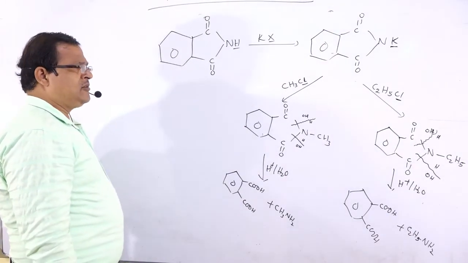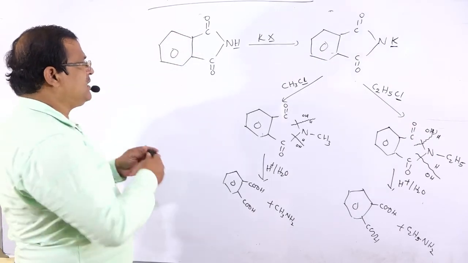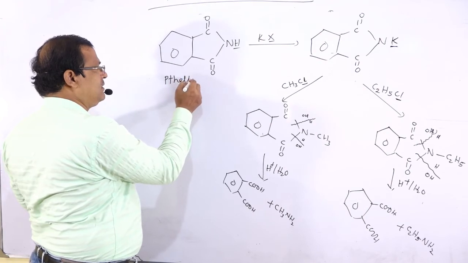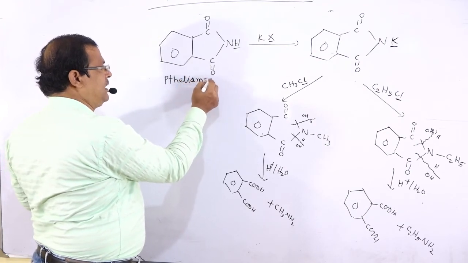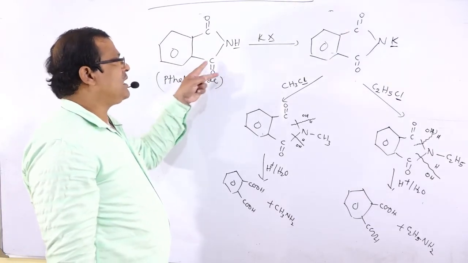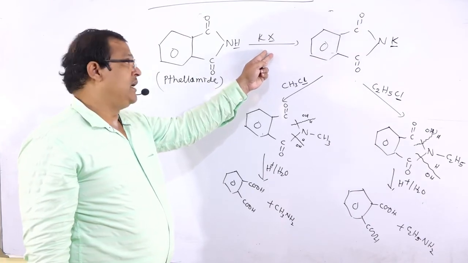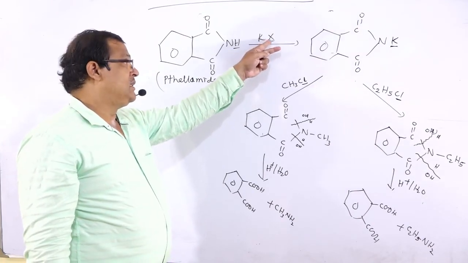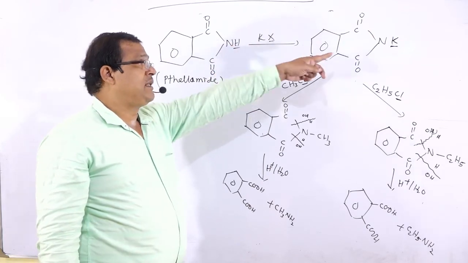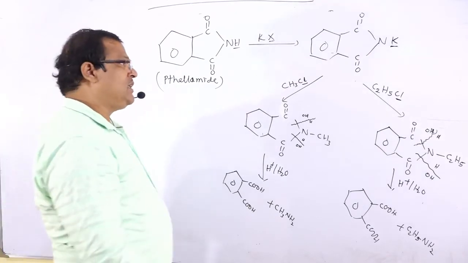Phthalimide, this is the formula, is reacted with KCl, KBr or KI. That is HX, so the hydrogen atom is replaced by K, and there is the formation of salt.